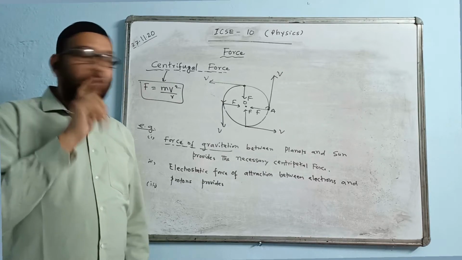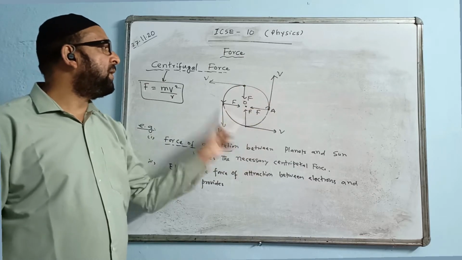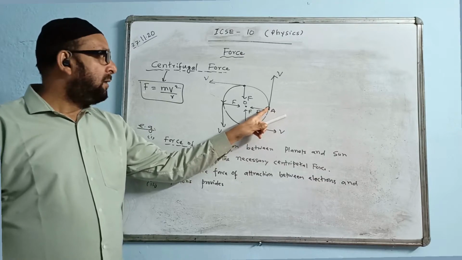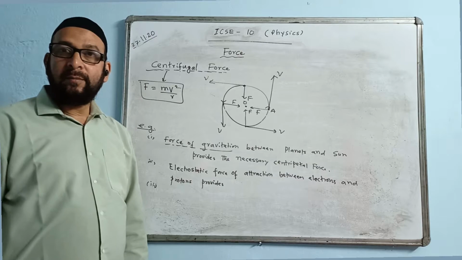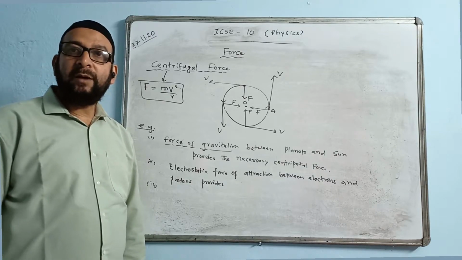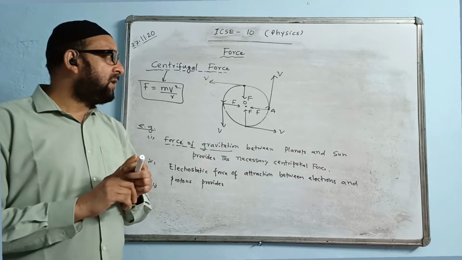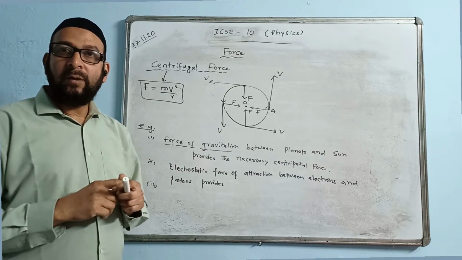To describe the equilibrium of the body, we know the body is moving around, and the body's motion remains unaffected. That means the body remains balanced while in motion. How can the body be balanced? We know equilibrium is possible when the net force acting on the body is zero.